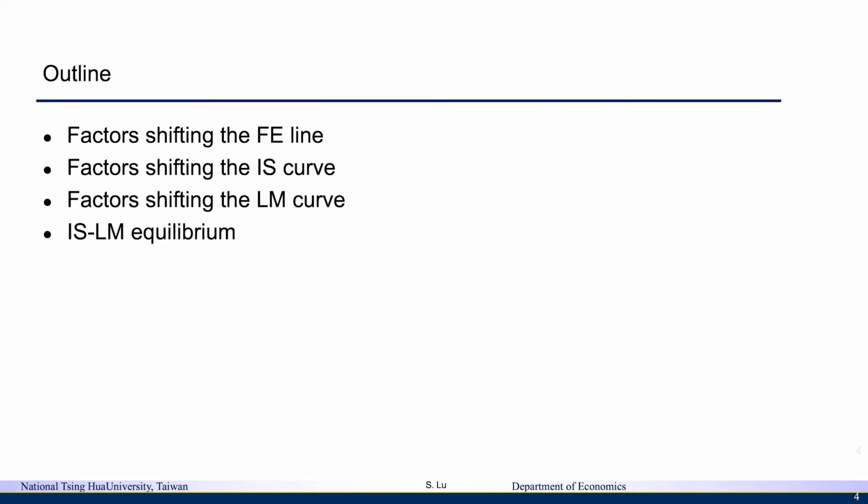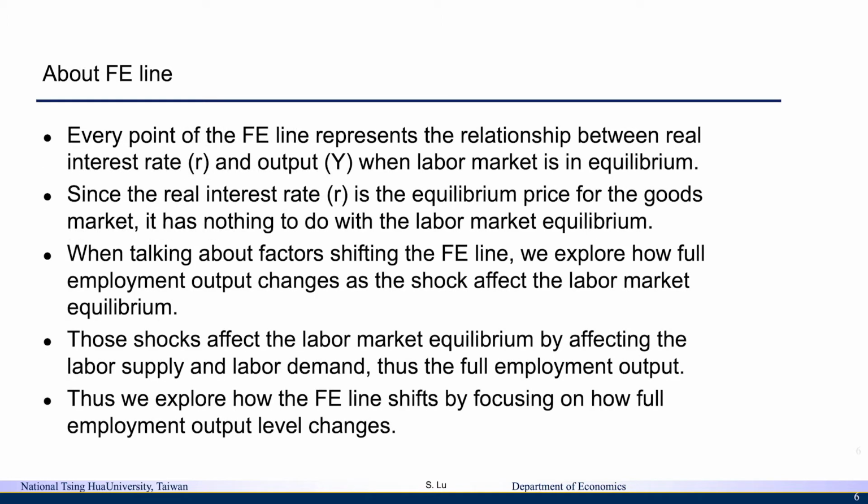So to begin with, when we want to talk about the factors shifting the full employment line, we want to again review the properties of the full employment line. On top of the full employment line, every point represents the relationship between the real interest rate and the output when the labor market is in equilibrium.